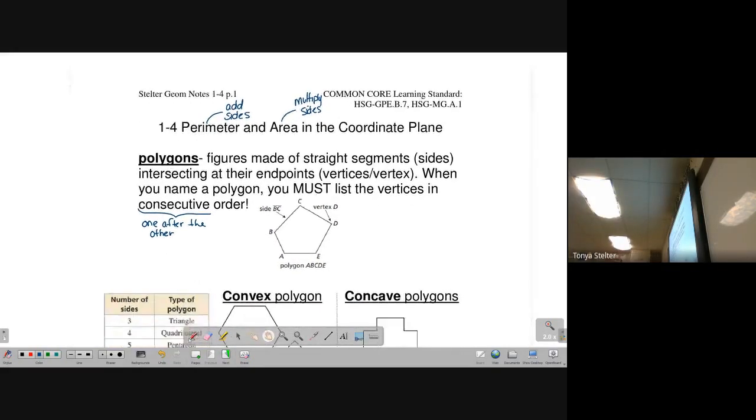Now, when you name your side, you're talking about a figure, so the side of a polygon is the same as a segment, and you name it the same way: two capital letters with the endpoints being the vertices, and the little segment symbol above the two letters. All these are vertices. If it's a single one that you're referring to, you say vertex. If it's multiple, it's vertices.